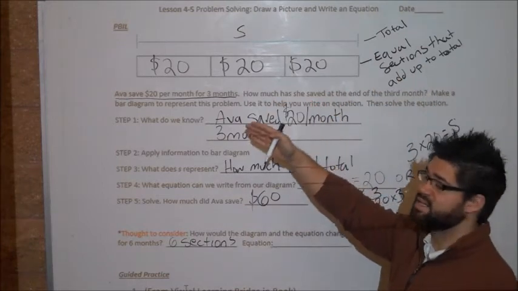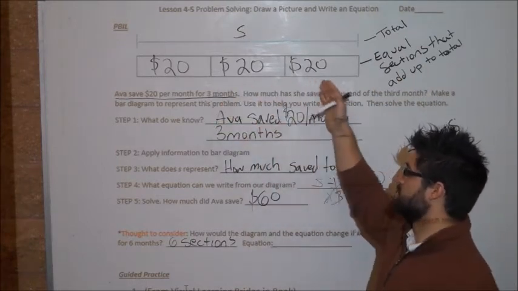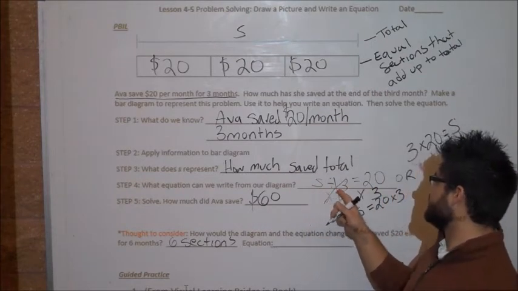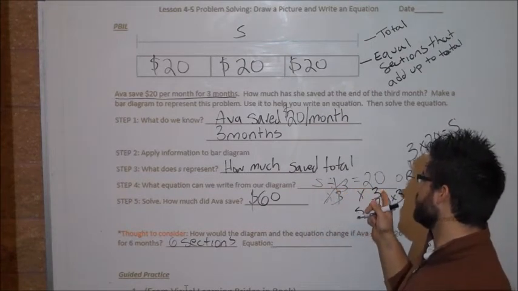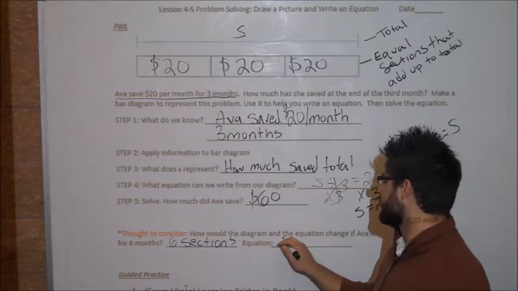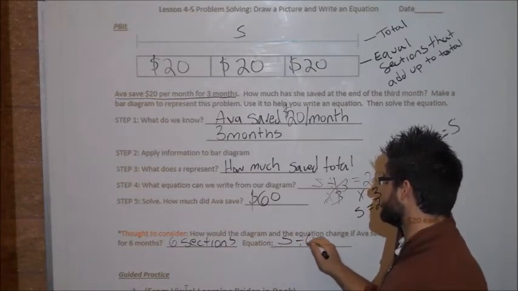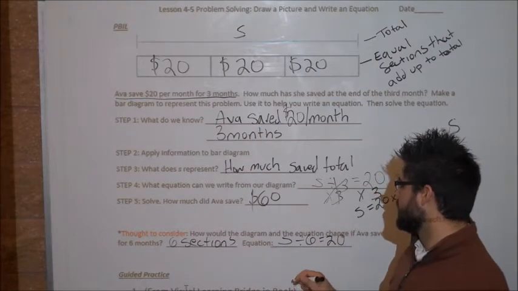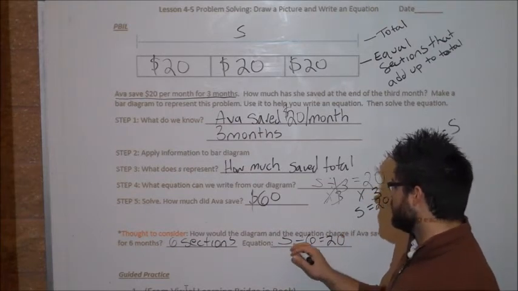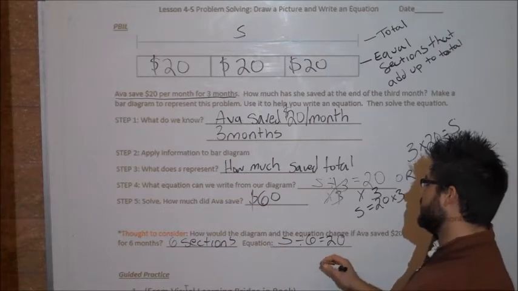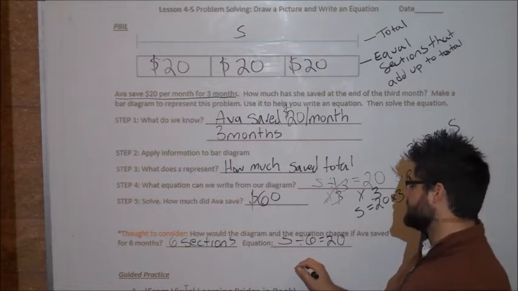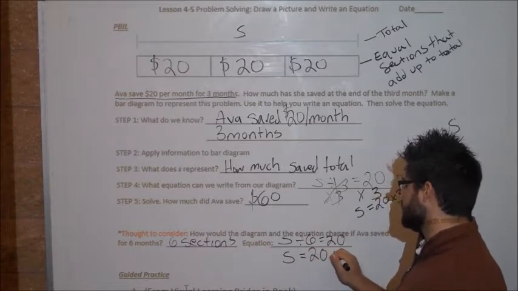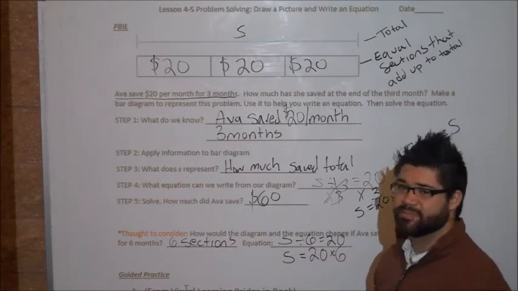There would be additional sections because these were representing the months. And our new equation, instead of S divided by 3 equals 20, would be S divided by 6 equals 20. And ultimately, once we multiply by 6 on the same side to get S by itself, it's going to end up being S equals 20 times 6.